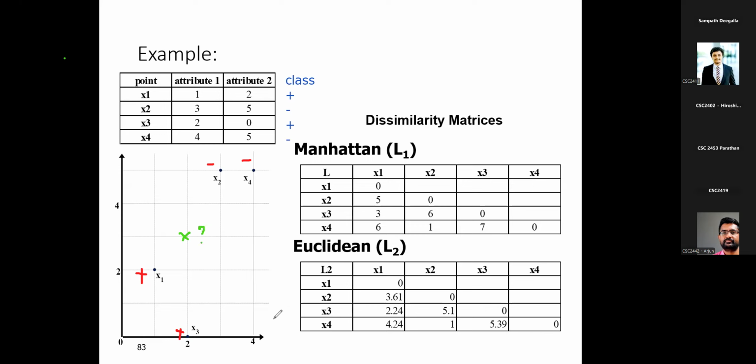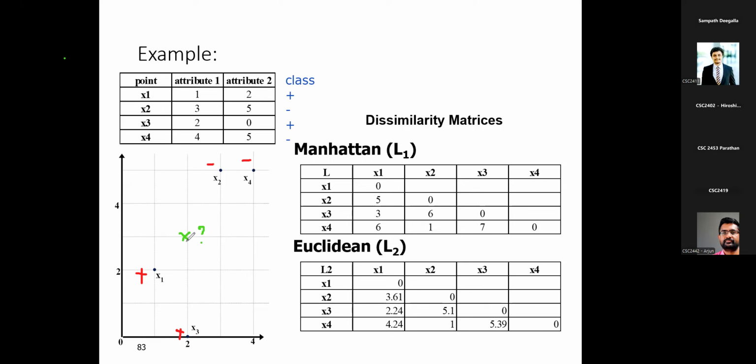Can you tell me? Just by visually looking at it, you can say it's positive, assuming that this is the closest. But you can calculate the distances. This is only 2D, so you can do that.